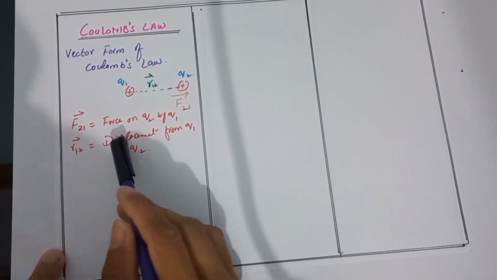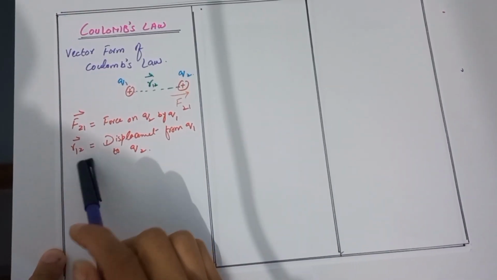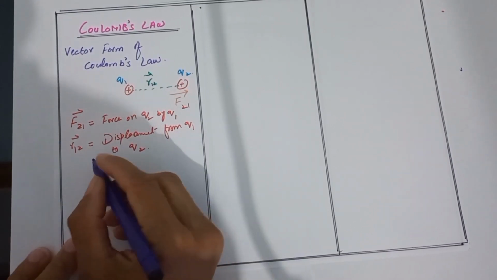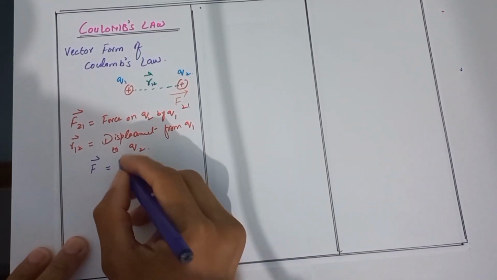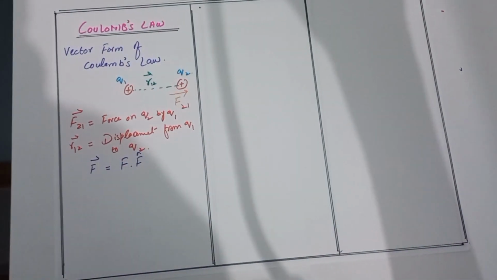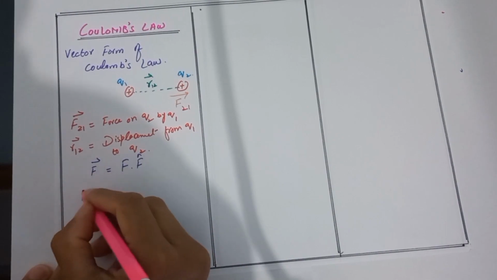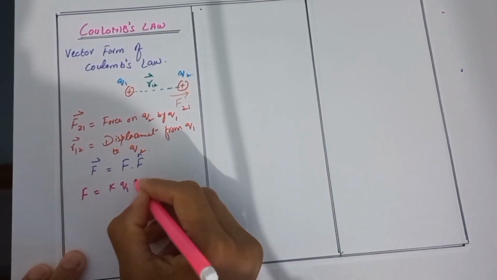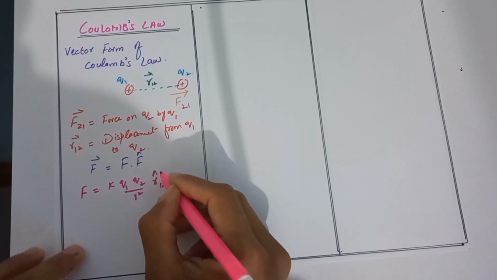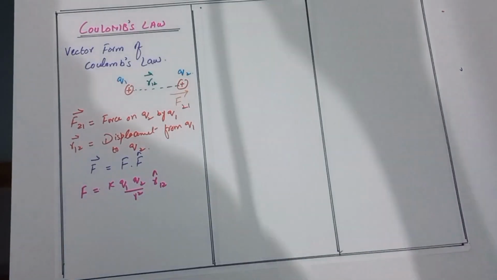So we have two parameters, F21 and R12. Now write this force in vector form. Any vector is equal to its magnitude times a unit vector. The magnitude of the force F is K Q1 Q2 upon R square, times the unit vector.